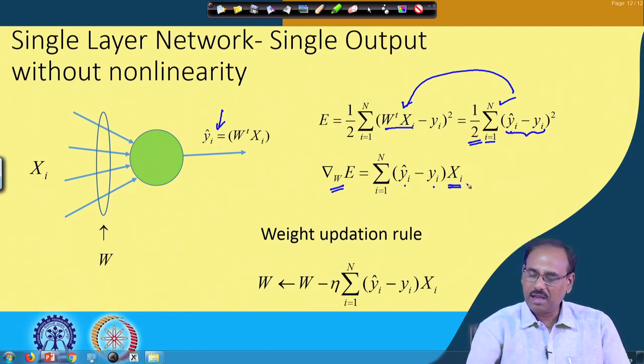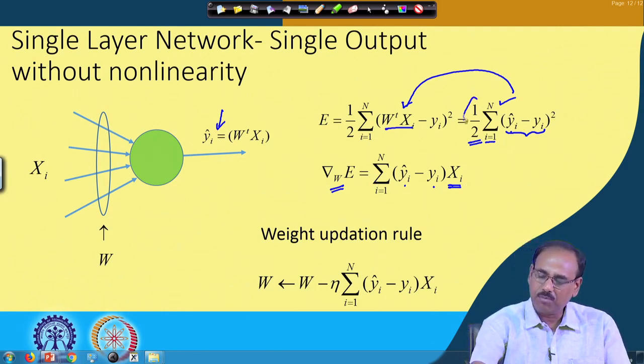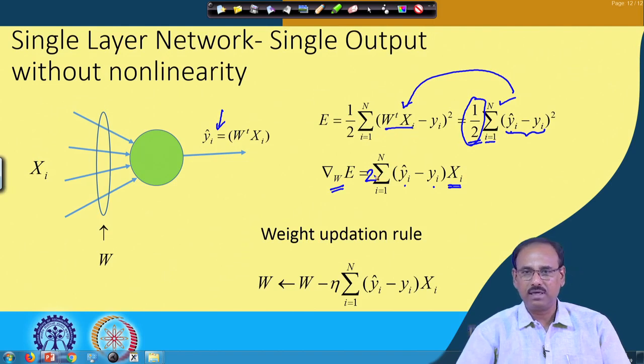And now you find why we have put this half, because otherwise there would have been a scaling factor 2 over here. In order to avoid that, you put half. So, this is the gradient of the error or the loss. I have to update w, the weight vector, in such a way that this loss, or the error, is minimized.